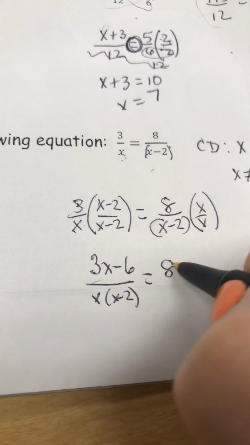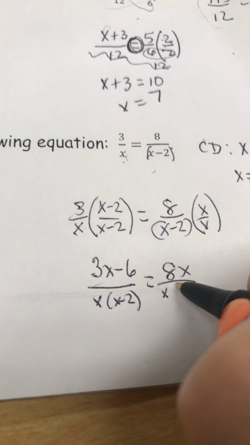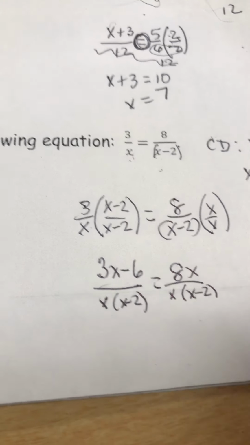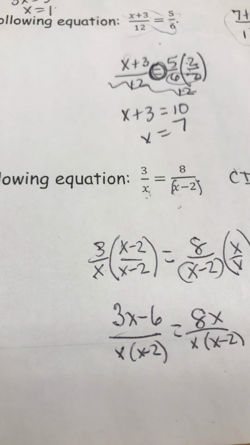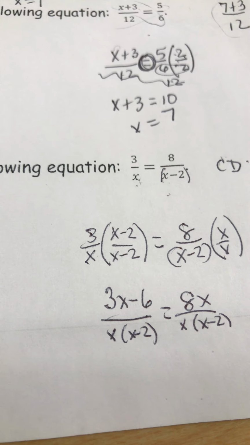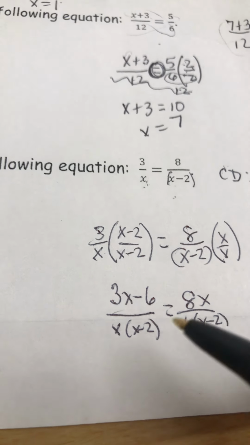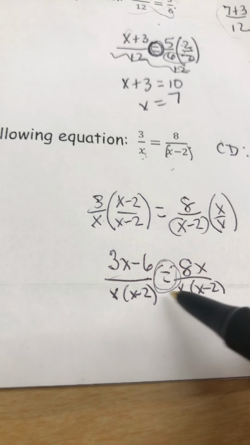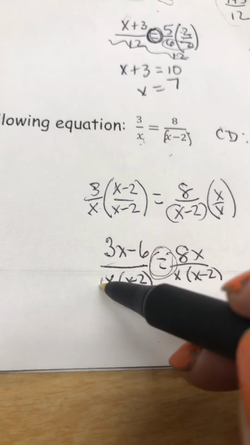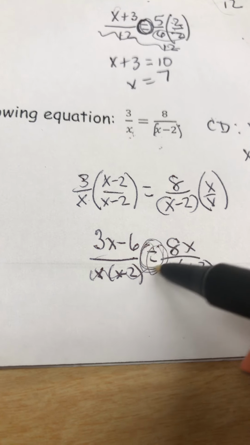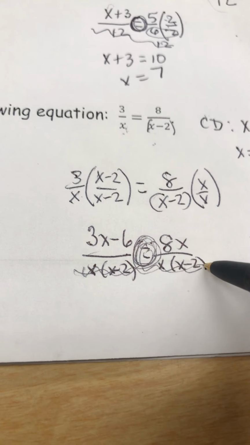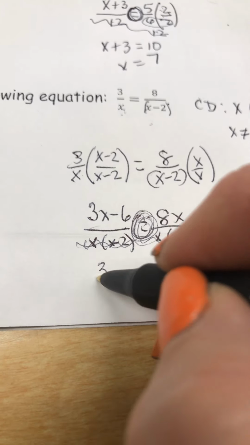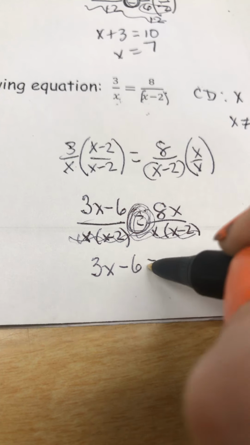And this side is 8x over x times x minus 2. I mean, you could distribute the denominators, but you don't need to. You can keep them factored, okay? So what you see here is an equal sign, and the denominators are the same. We said the rule is only if there's an equal sign. If these are the same, you can cancel them, and now you have a simple equation to solve.